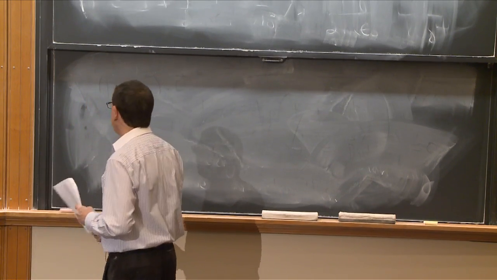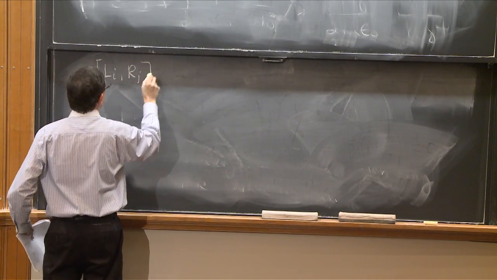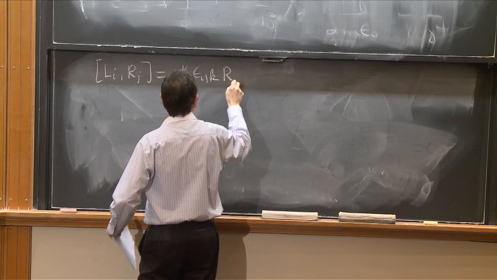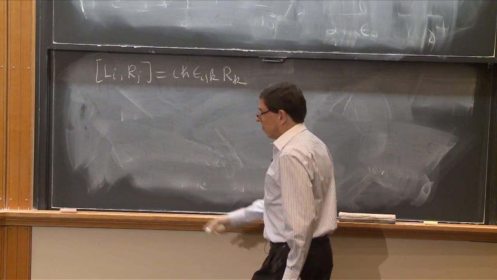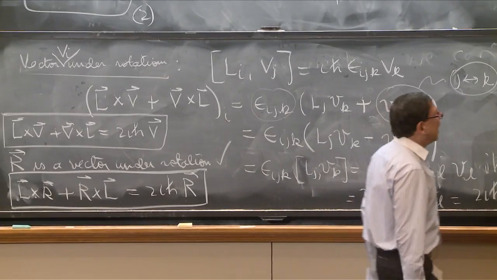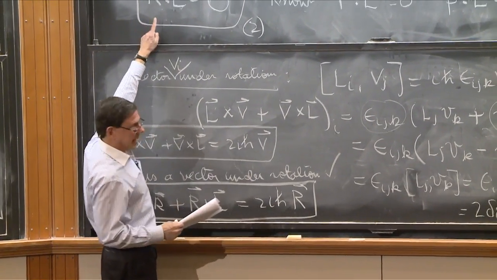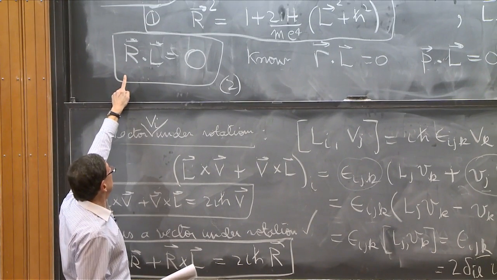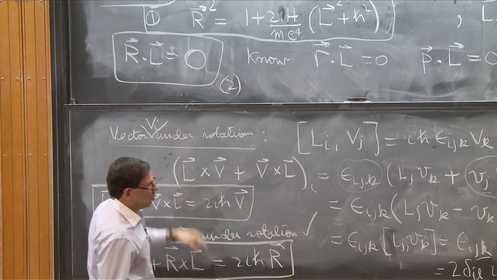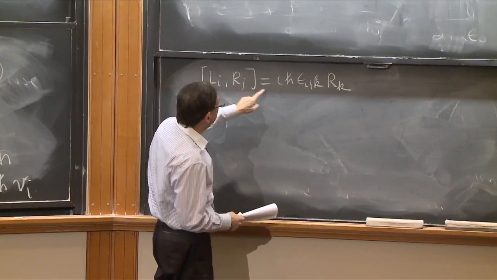L and R: Li Rj is i h bar epsilon ijk Rk. That's the same statement as this one, but in components. And now you see why R dot L is equal to L dot R. Because actually, if you put the same two indices here, I and I, you get 0.